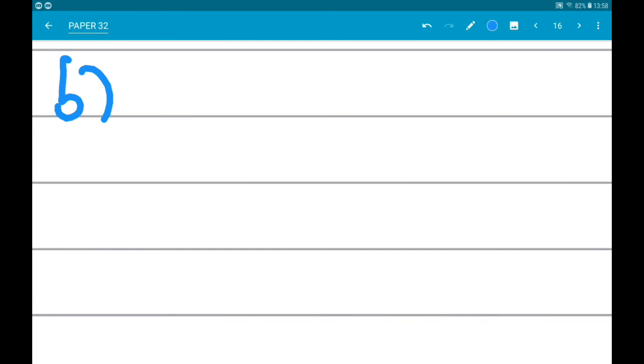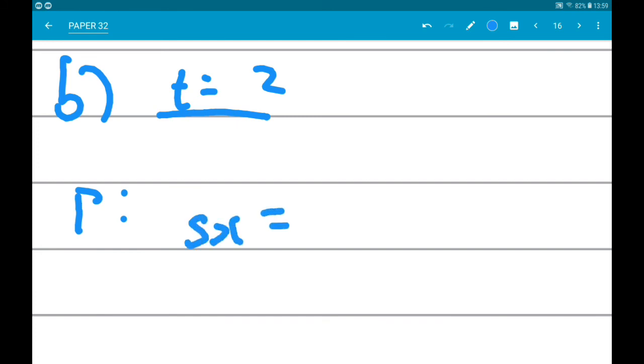So when t is 2, for P we know its displacement horizontally is its horizontal speed times 2. So 10 root 3 times 2. Now that gives us 34.6 meters.